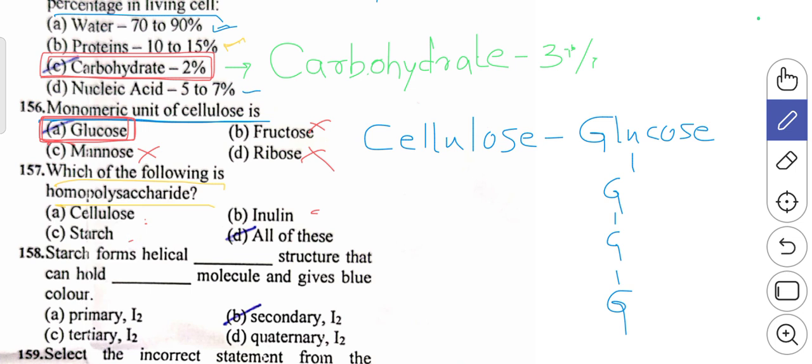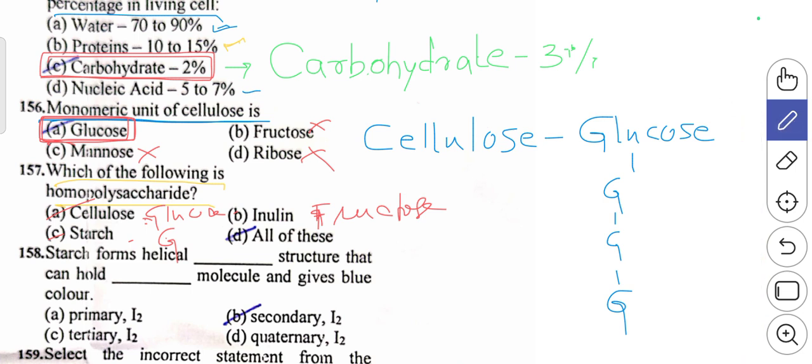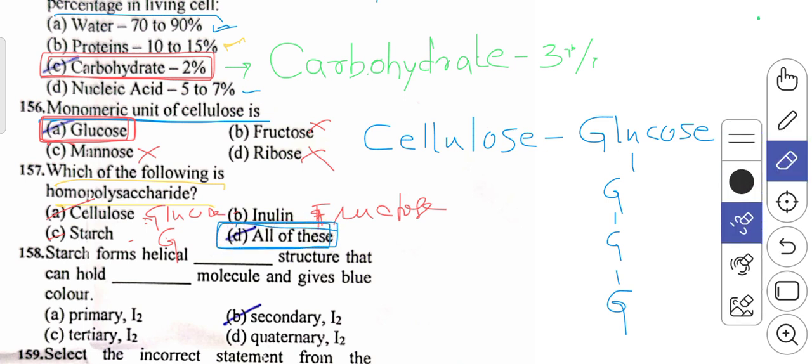Cellulose is formed from glucose monomeric units, whereas inulin is formed from many units of fructose. So it is also right. Then starch is also formed from glucose. Hence the correct answer for this one will be all of these.